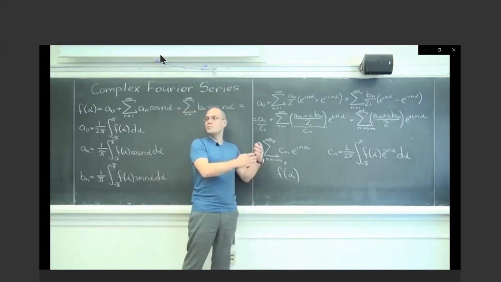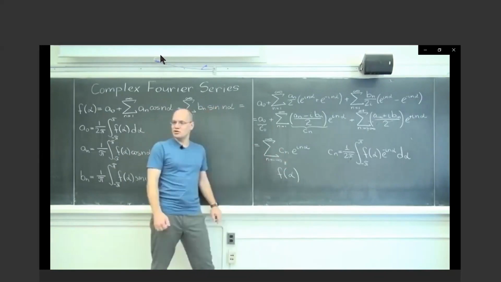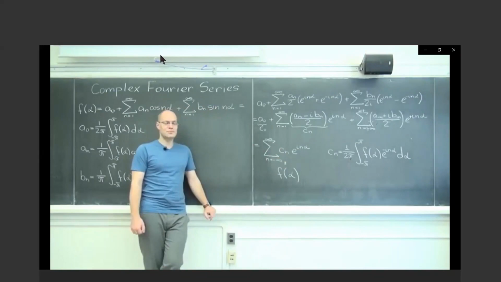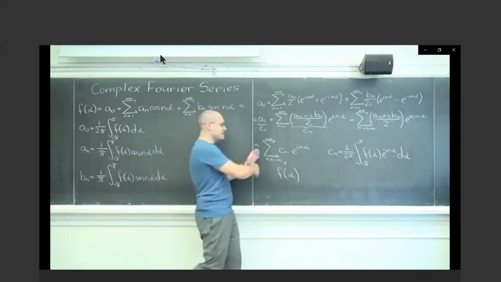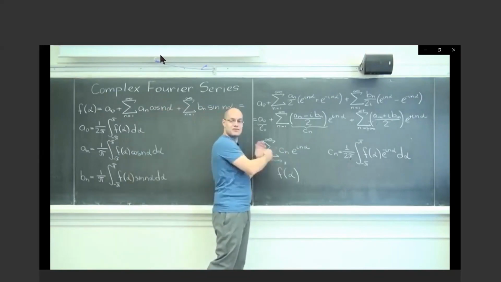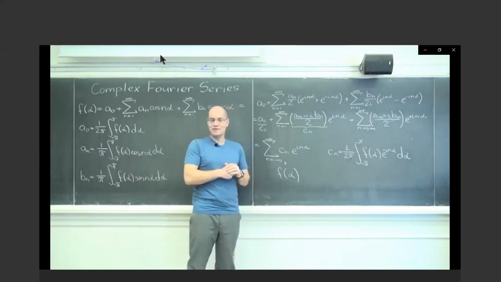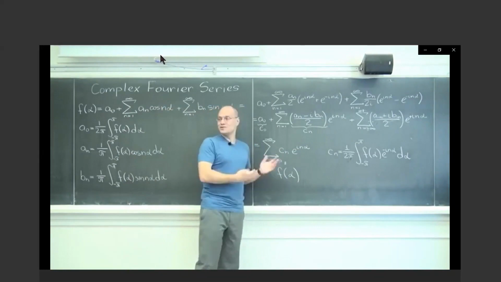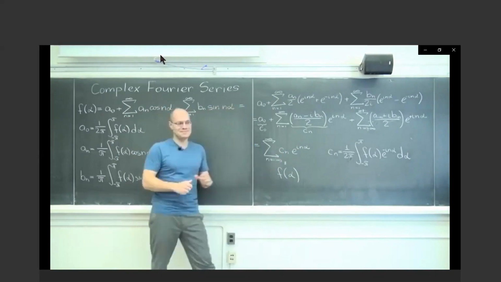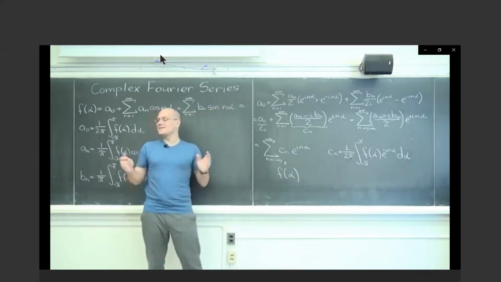It's still more memory, more operations. Maybe I want to be more efficient, and that's what computer codes do. So computer codes don't go to this double the complexity just for the beauty of it. Actually, my computer codes do. But if you want to write a code that's twice as fast, you wouldn't do this. But that might be the only reason. Okay, so that's it. This completes the complex Fourier series.